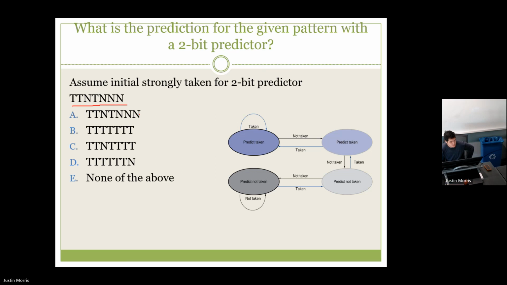You have this pattern for the branch history, and we're assuming that we are initializing to strongly taken, just like we did for the other example. Answer this on your own first.